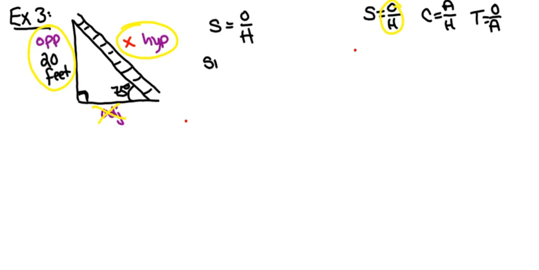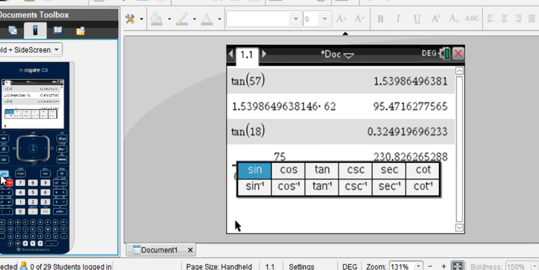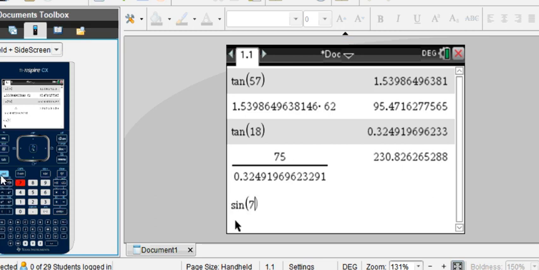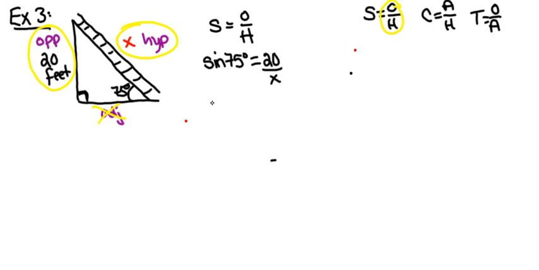So sine of 75 degrees is equal to the opposite, which is 20, over the hypotenuse, which in my picture is x. I'm going to go back to my calculator. I'm going to grab the sine of 75 degrees, 0.9659 is equal to 20 over x.